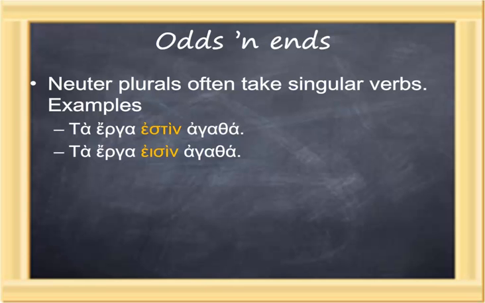In either case, one translates them as plural in English. So, the first clause, ta erga estin agatha, notice that's third person singular. Nonetheless, we translate it, the works are good. The second clause is easier because it uses eisin, they are, the works are good. Both are identical.